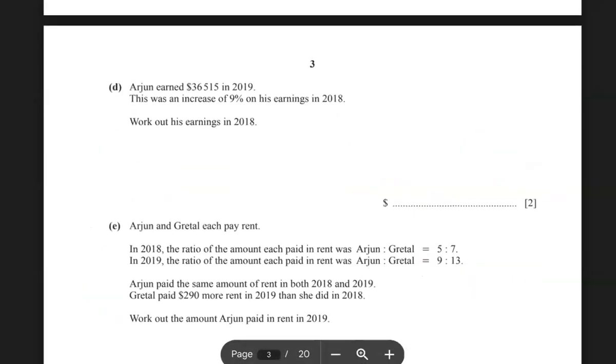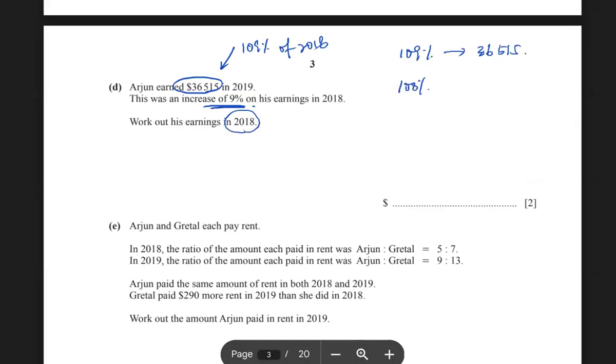Arjun earned this much, 36515. This was a 9% increase. This amount is a 9% increase, meaning this is 109% of 2018. So we're going to use the unitary method. 109% represents 36515. I want to work out the earnings in 2018, so I'm figuring 100%.